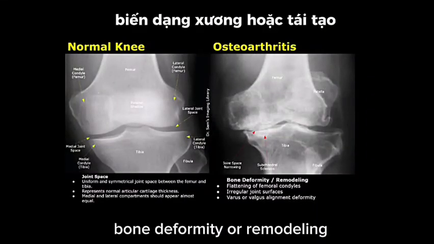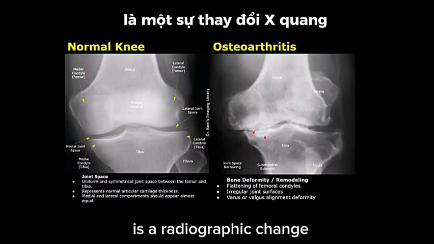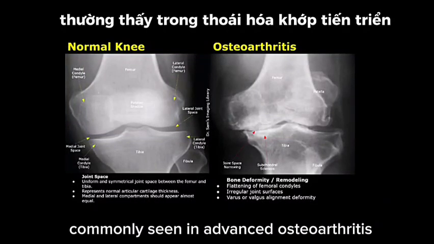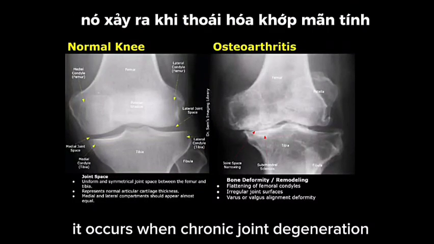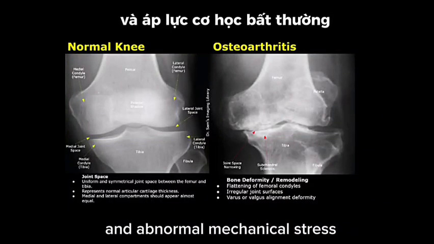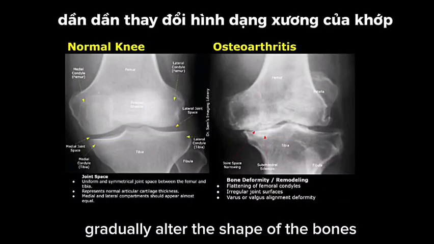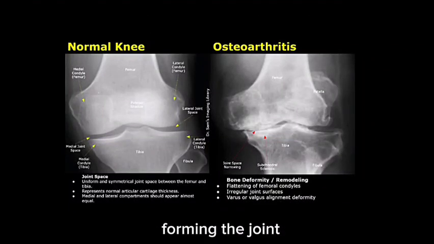Bone deformity or remodeling is a radiographic change commonly seen in advanced osteoarthritis. It occurs when chronic joint degeneration and abnormal mechanical stress gradually alter the shape of the bones forming the joint.